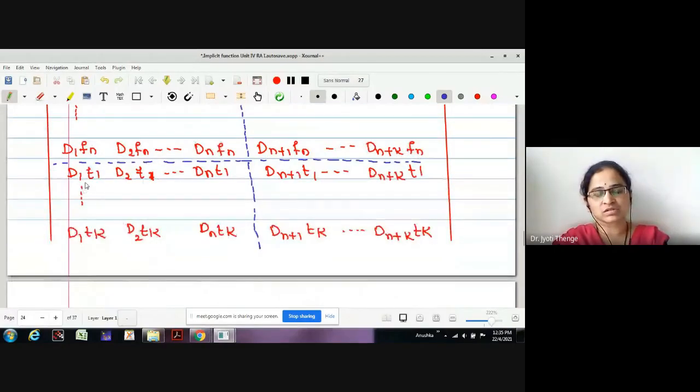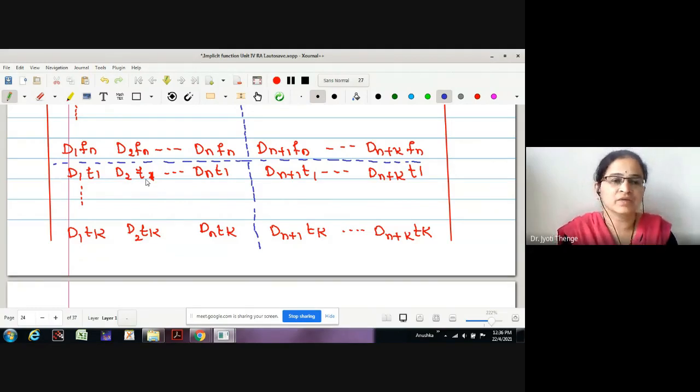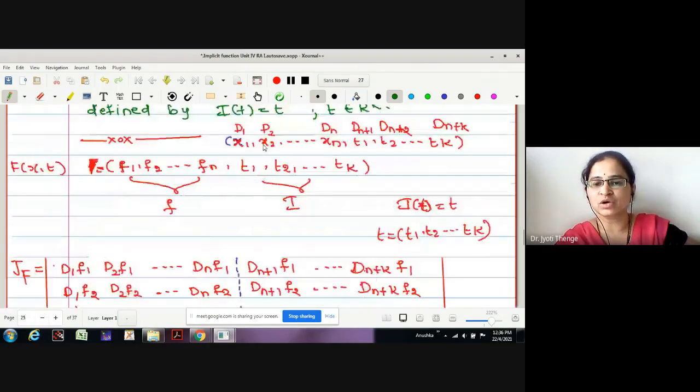Similarly, if I concentrate on this section, these are the partial derivatives of t1 with respect to x1, x2 to xn. Now, as we know, all these x1 to xn and t1 to tk are independent variables. Therefore, the derivative of t1 with respect to these n variables will be 0. What about this value? This is 1. This value is 1 actually. Why is this so? Because D(n+1) is actually a partial derivative with respect to t1 itself.